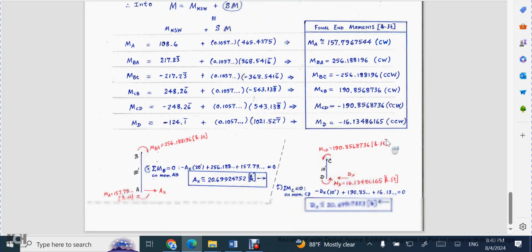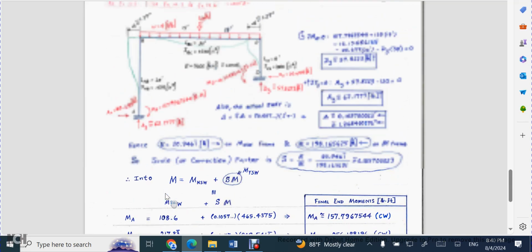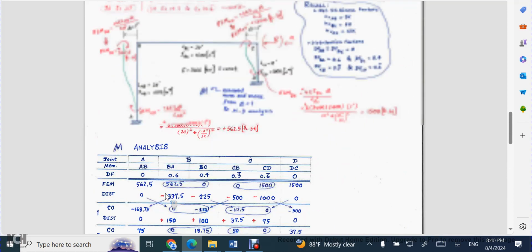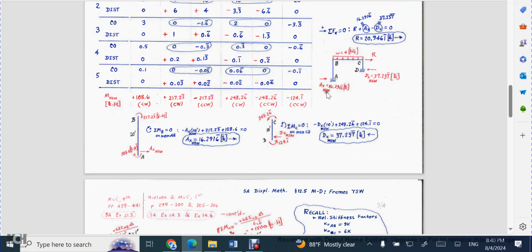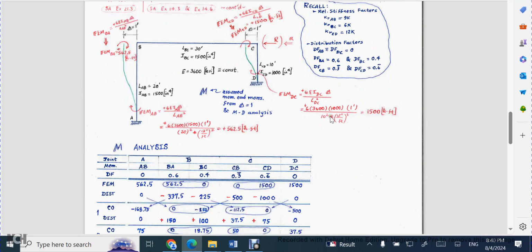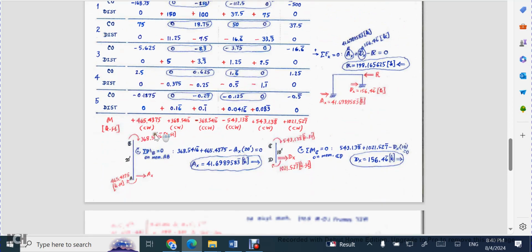And as you can see, these are the values that we're getting. As a last step, you can go back to statics, or, I didn't show that here, but another way to do this is the final reactive force AX would be equal to, if you went back to this picture right here, AX no sidesway, that's 16.2916 over bar, plus that correction factor S times the double-barred AX, which is this value, 41.69.